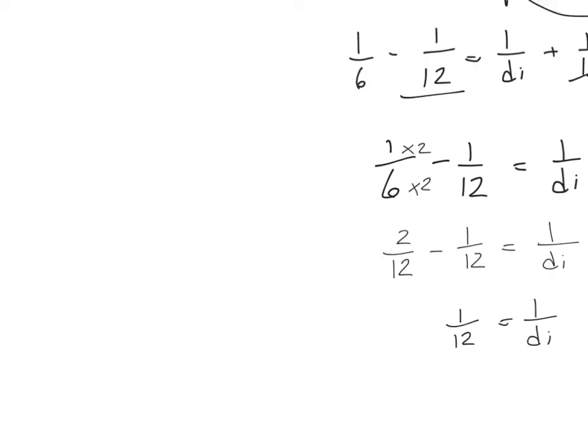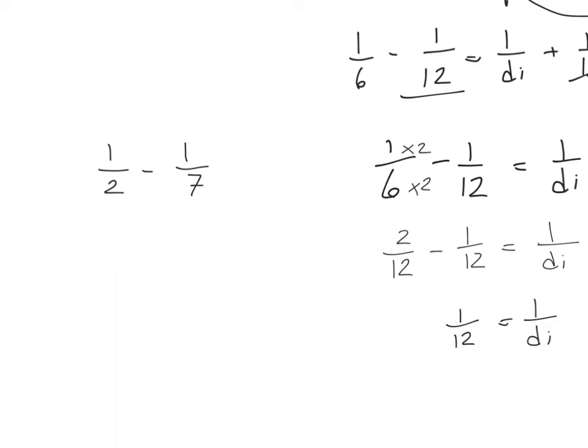Now, here's another trick I wanted to show you as far as fractions go. For this case, it was really easy because 6 and 12 are multiples of one another. However, let's say we have a bunch of prime numbers, or just generally numbers that don't have multiples of one another. So, I don't know, let's go with 2 minus 1/7. Okay, so they're not multiples of one another.